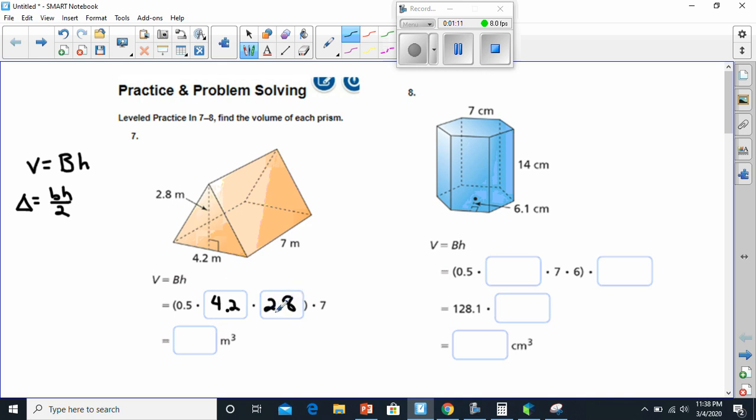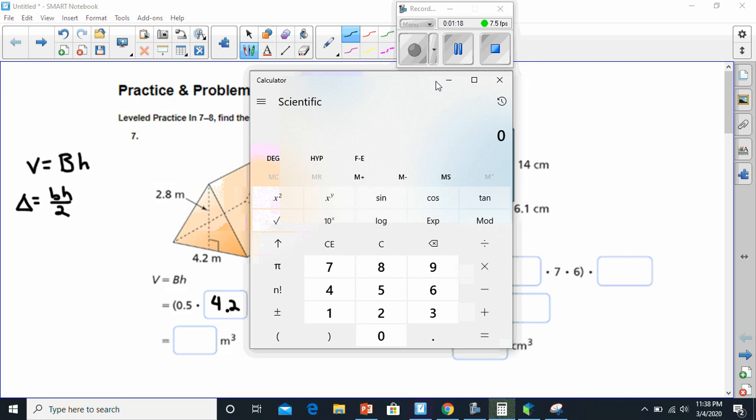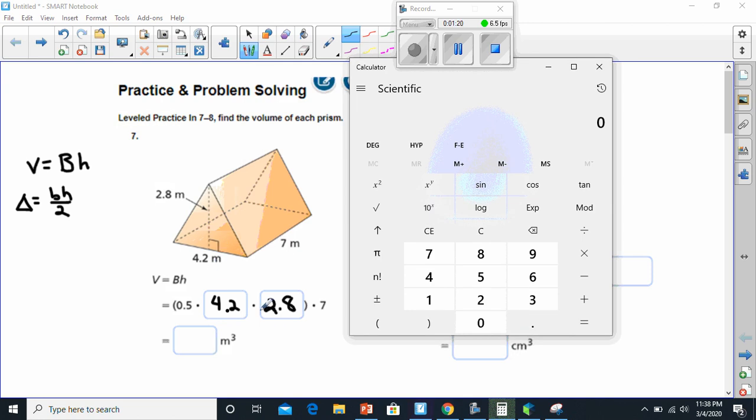Now we simply multiply these things together and then multiply them to 7. That'll give us the answer. So here's my calculator. If we work this out, we got 0.5 times 4.2 times 2.8, 5.88.